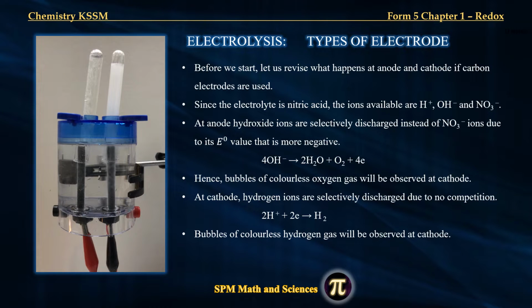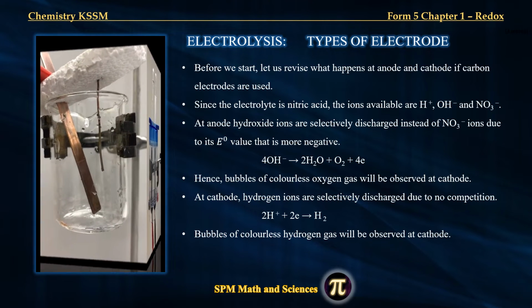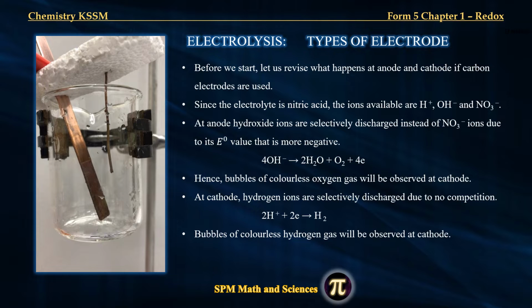So what you're going to observe is a bubble of gas released at the anode. But here, what we are using now is the copper electrode, and the electrolyte is dilute nitric acid.